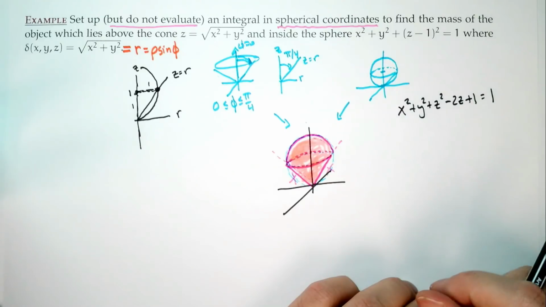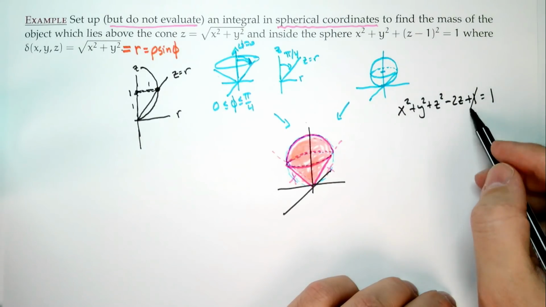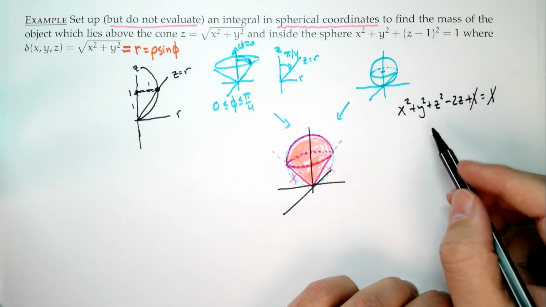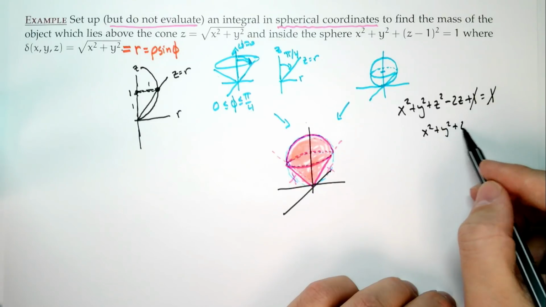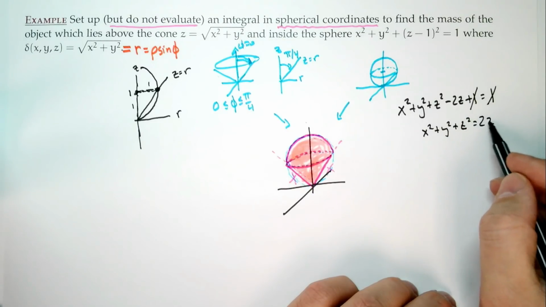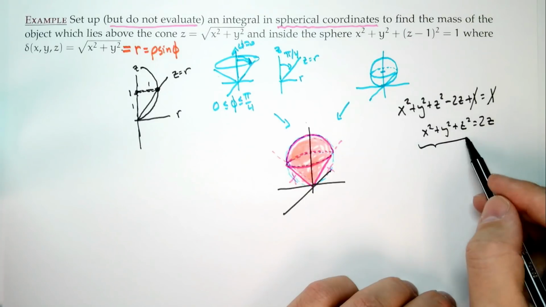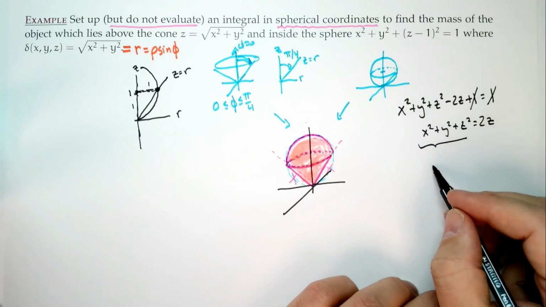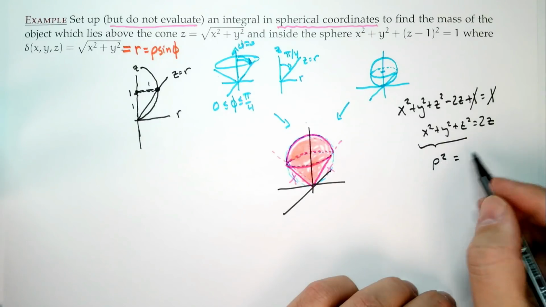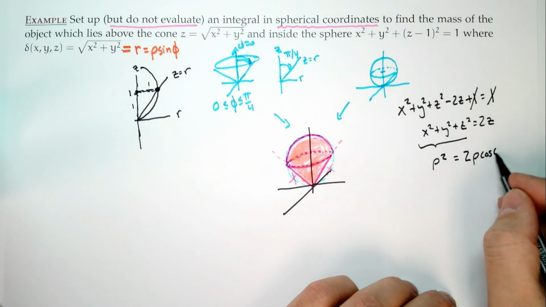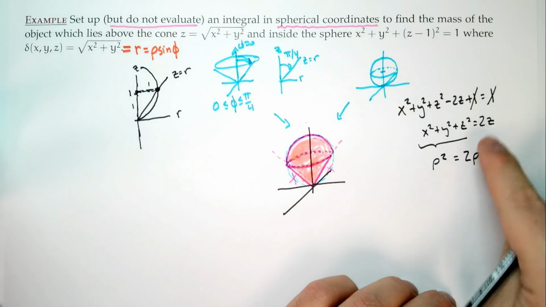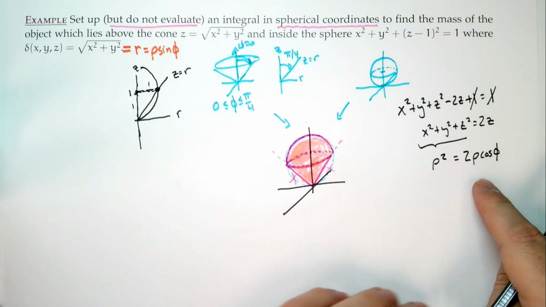We square that term out, the 1's cancel, move the 2z across, and we get x squared plus y squared plus z squared equals 2z. Now x squared plus y squared plus z squared becomes rho squared. 2z is 2 rho cosine phi, since z is rho cosine phi.